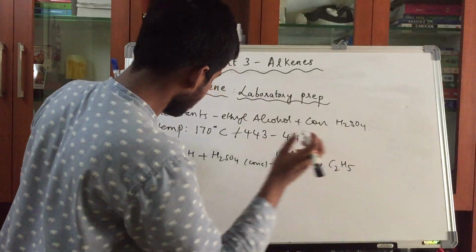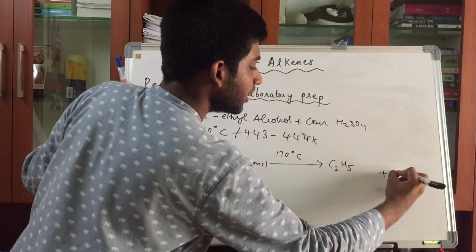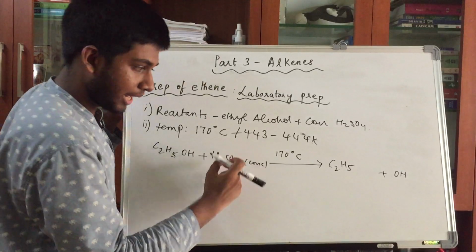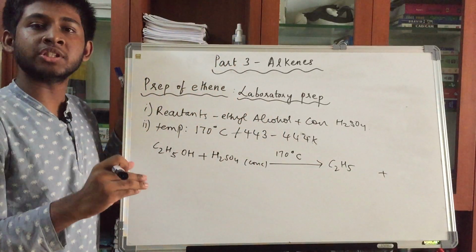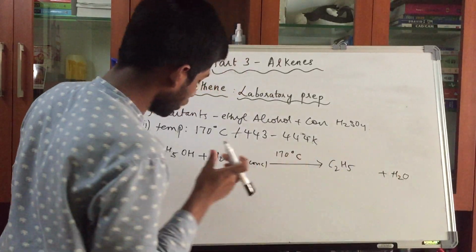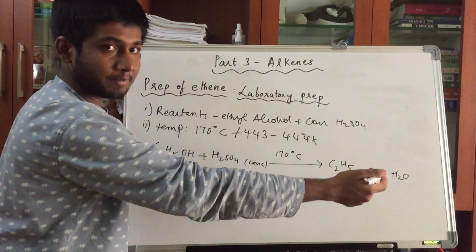This is the first step, and then you remove OH and put it aside, and you remove one hydrogen and put that hydrogen here. When there's OH and then a hydrogen, it becomes water, H2O. So you've removed one OH from C2H5OH and put it aside as a second minor product.